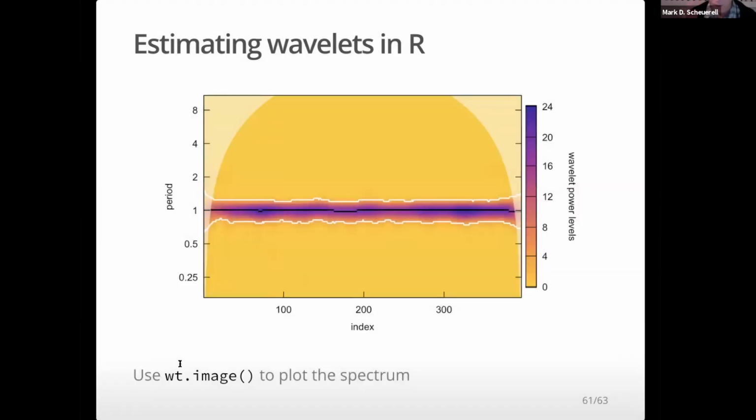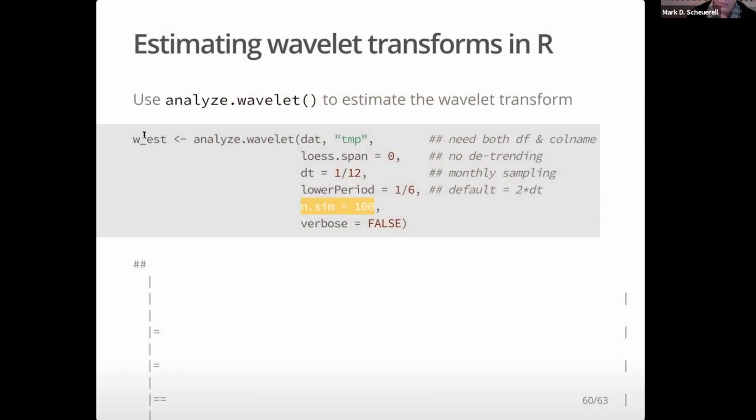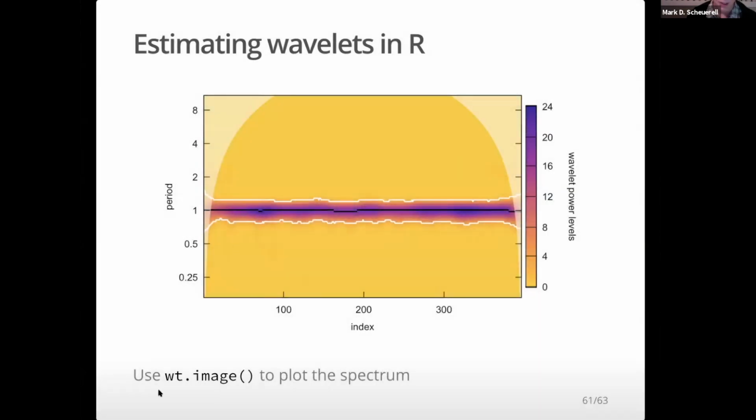Okay, so what does that result in? Once you've done this, I've assigned this object, which is the wavelet analysis, and you can display the results using the function wt.image. Okay, so this is now time. We have many years of Lake Washington data, about 400 months, 396, I think.